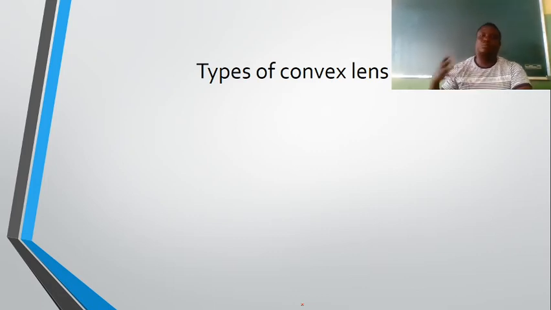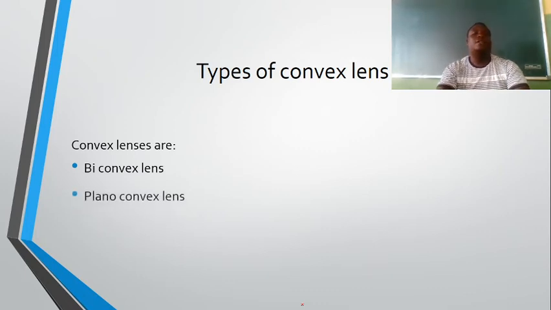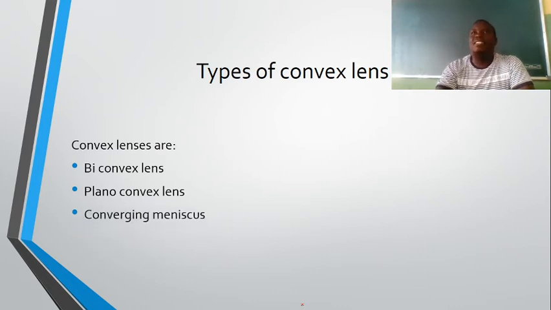Now we are going to start with convex lenses. We're going to see the subtypes of convex lenses. So, convex lenses are the following: biconvex lens, the one I have showed you, plano-convex lens, and also converging meniscus.